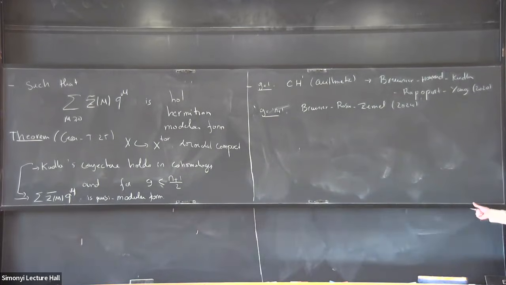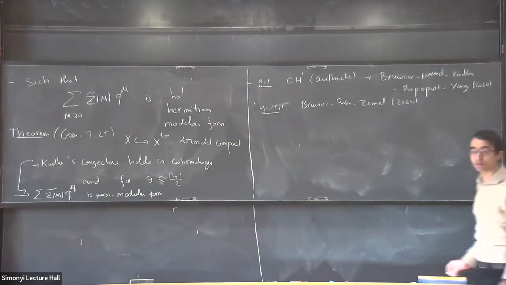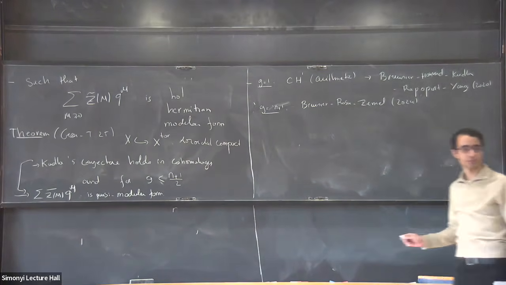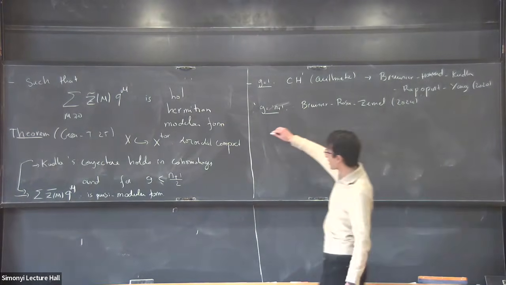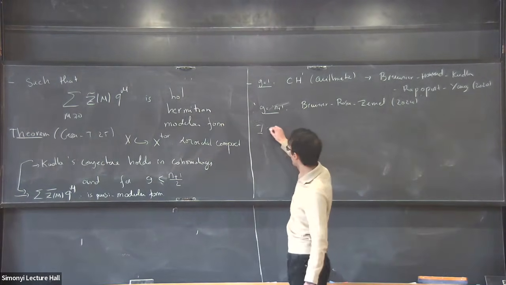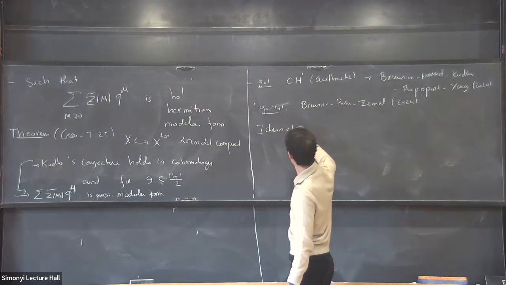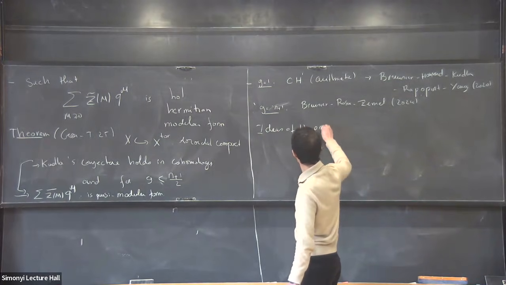Okay. Questions? What does the boundary structure look like? Okay, so that's where I'm headed. Let me give some ideas of the proof and the construction.